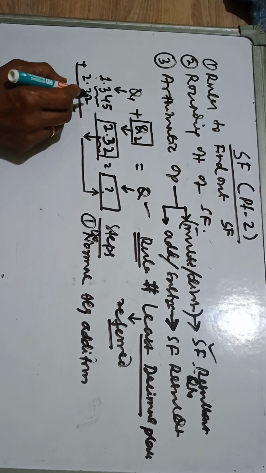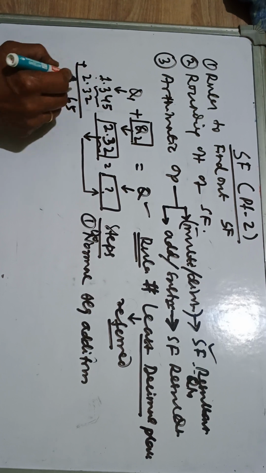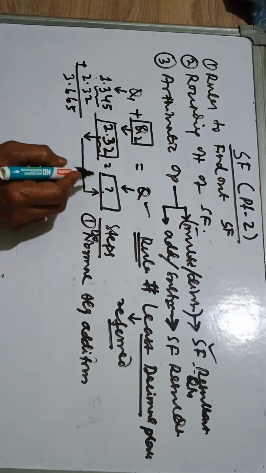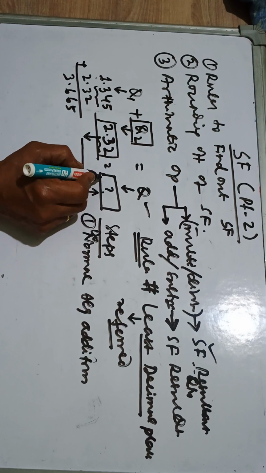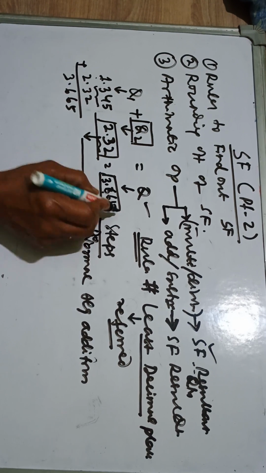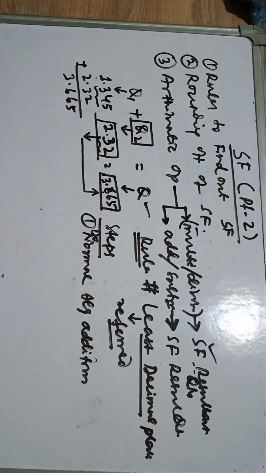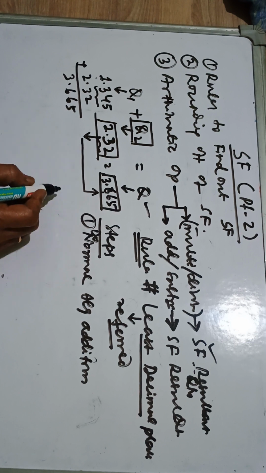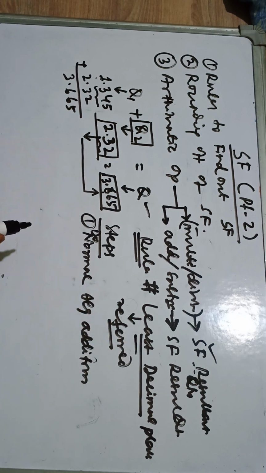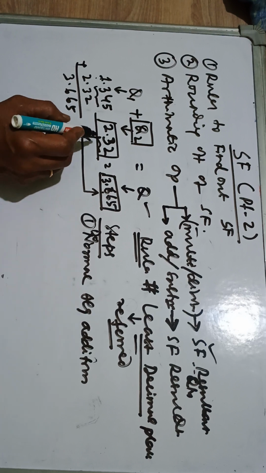It will become 3.665 in the result. Now we refer to the least decimal place number.